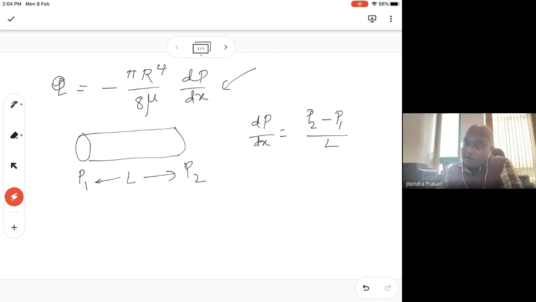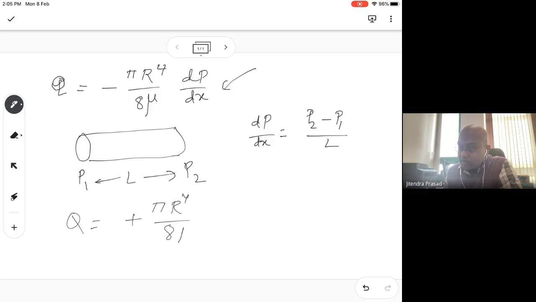So we are relating it. Here we can write Q equal to minus, or in fact you can write plus now, pi r to the fourth divided by 8 mu.